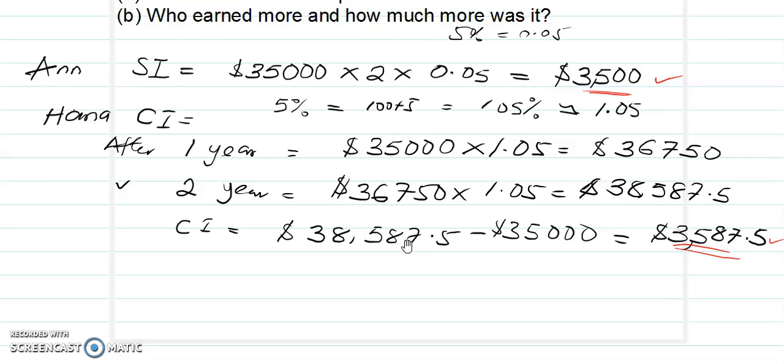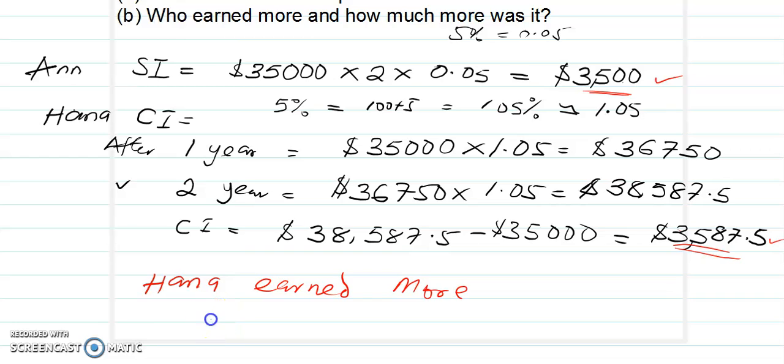Who earned more and how much more was it? Who do you think earned more? Hannah earned more. Hannah is the person that earned more. And how much more? You find the difference between Hannah's interest and Anne's interest.